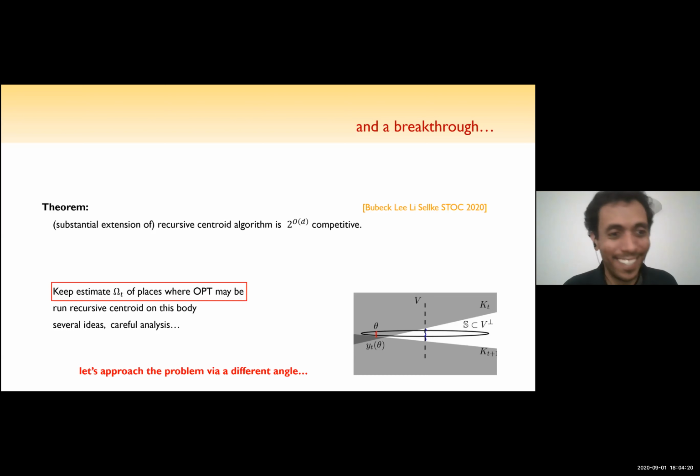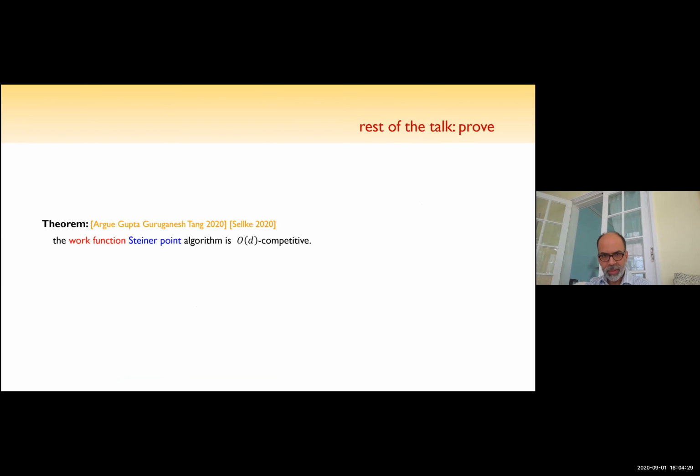Okay, good. So this idea of keeping an estimate of where opt might be is a useful thing. We'll come back to this. The result I'll tell you about is two papers actually. I'm going to talk more about the work that we did because I know it better. This is a paper with CJ Argue, Guru Gurganesh, who was a grad student with me, and Jie Tang, who is a grad student in the Tepper School.